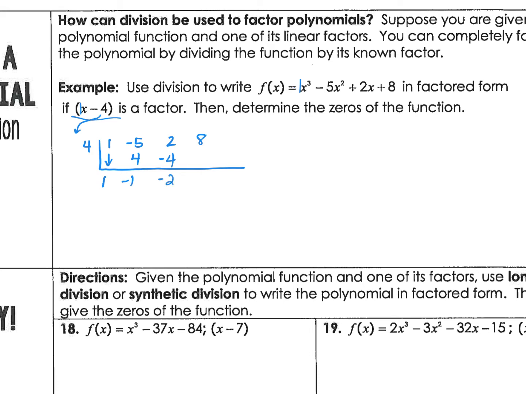Negative 8. How do I know that this should zero out? If it doesn't zero out, is it a root? No, it is not a root if it doesn't zero out, does it? So if it tells you it's a factor and you come up with anything other than 0 as the remainder, you've done something wrong. This has to be 0.